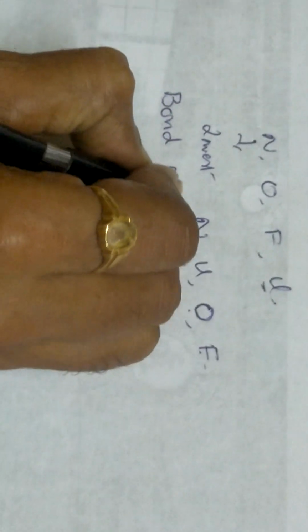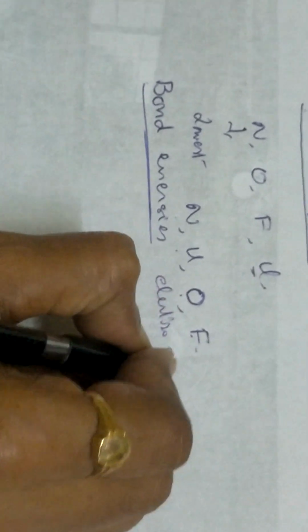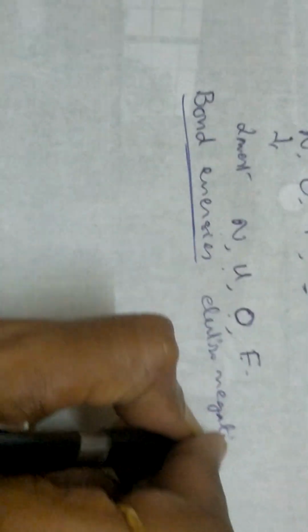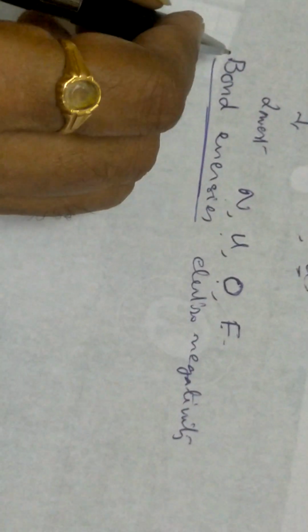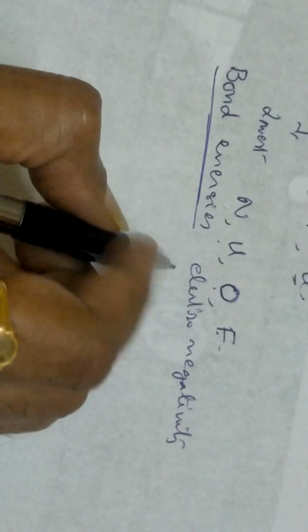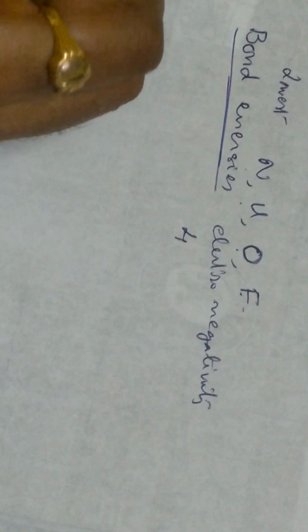Bond energy is the basis for electronegativity. No scale and no units. Which has the highest electronegativity? Fluorine. What is the value? The value is 4. The next one is oxygen.